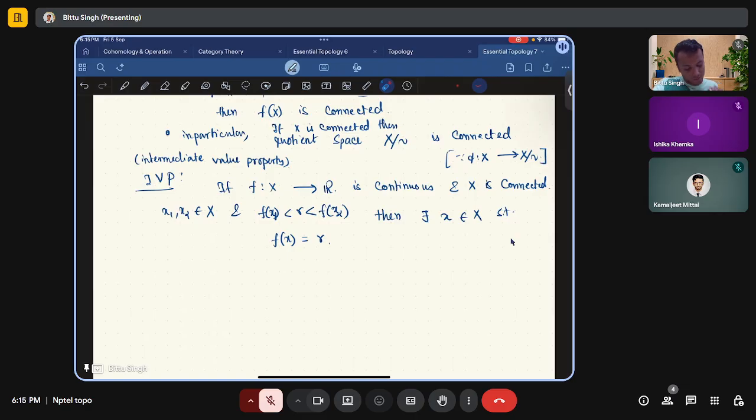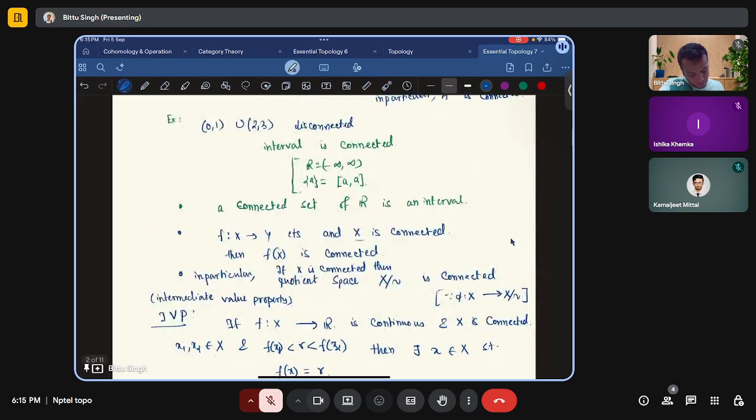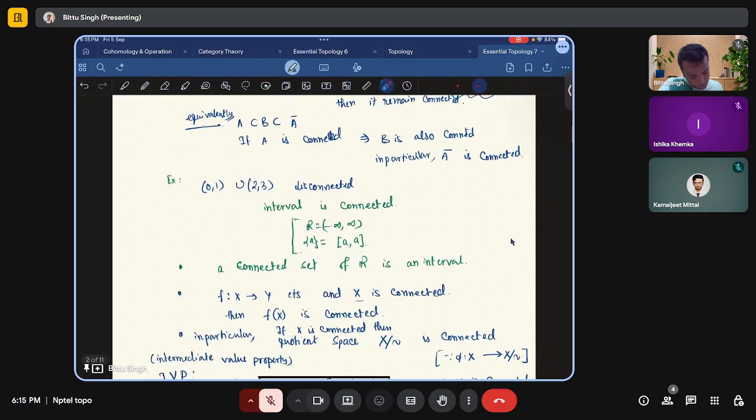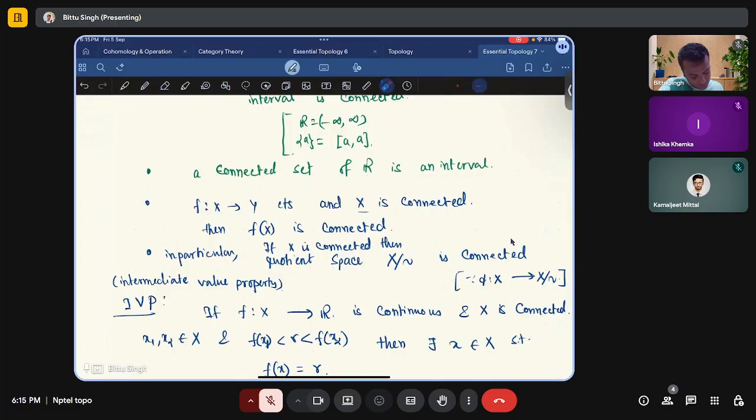This is the intermediate value property. You can see this can be derived from the above two properties, that is, the image of a connected set under a continuous map is connected. So if you see this property, then we have assumed X is connected.